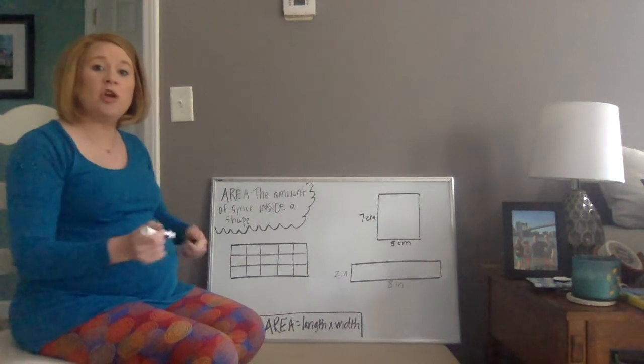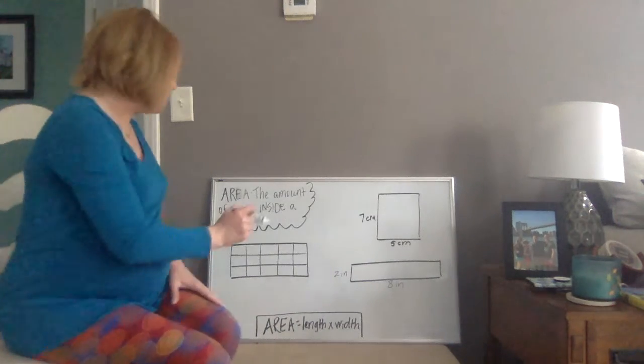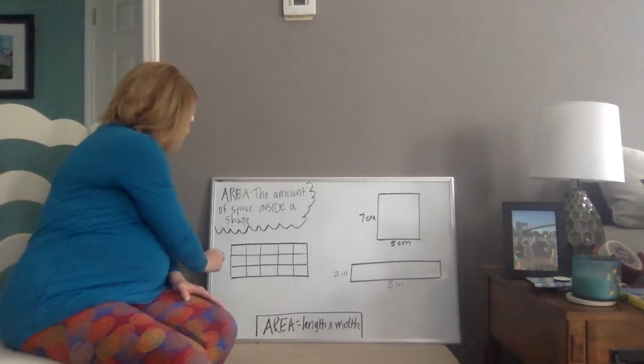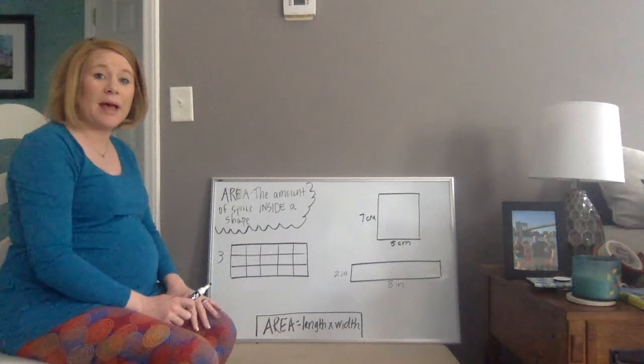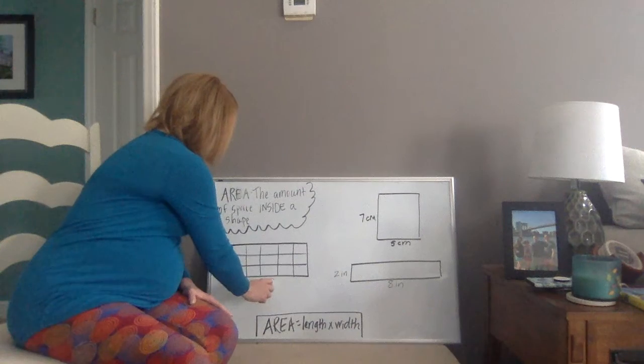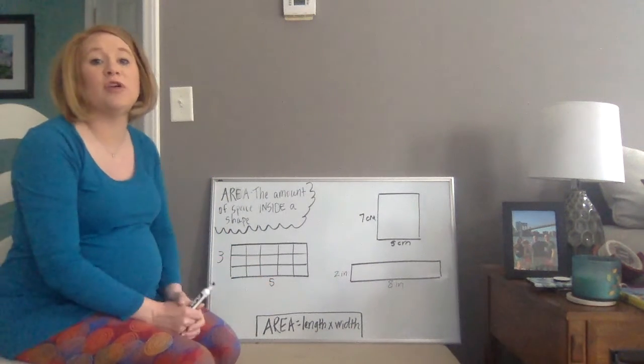So I'm going to look at what my length and width are. So my width is 3 squares, and my length is 1, 2, 3, 4, 5 squares. Now, I don't know about you, but this reminds me of an array.